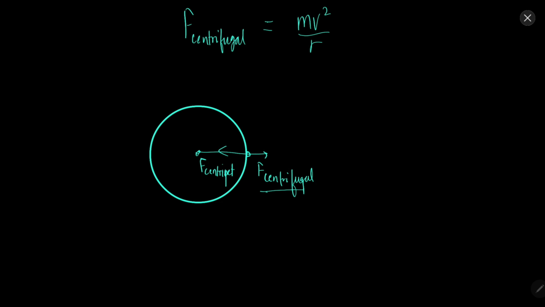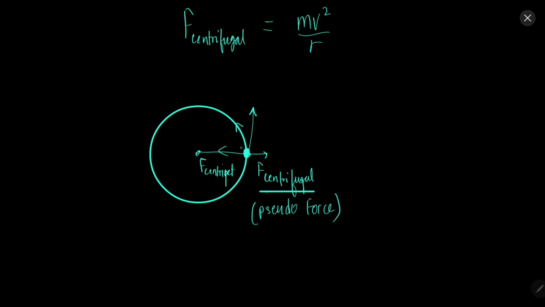Now this centrifugal force is a pseudo force, that is, it is not an actual force. It is just the force which is due to the accelerating frame, or non-inertial frame of reference, because the object wants to move in a straight line, but because of the force the object comes here.